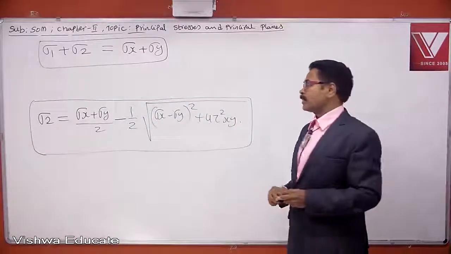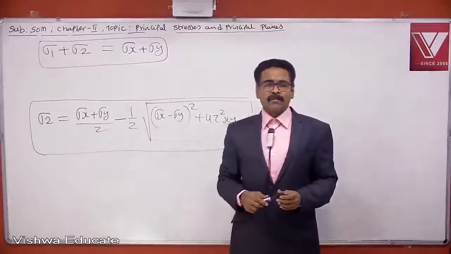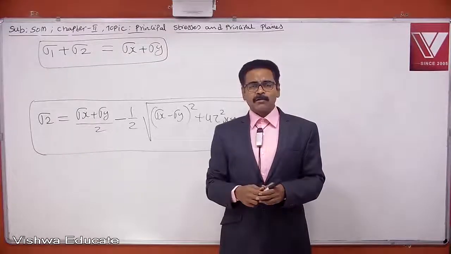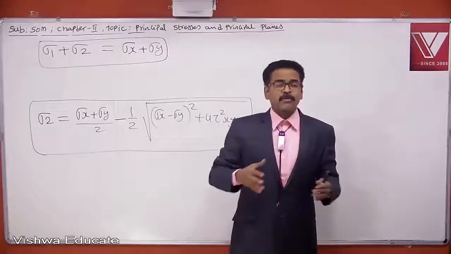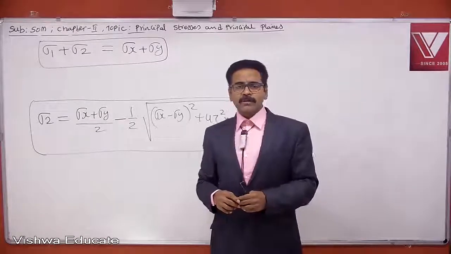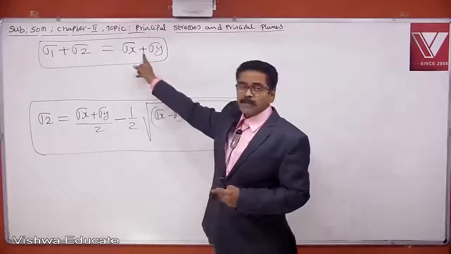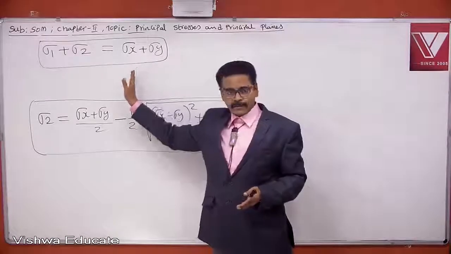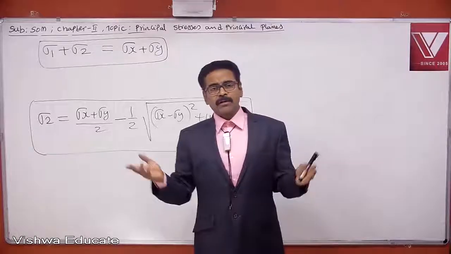In the previous session we observed the sum of any two mutually perpendicular normal stresses is always constant, which is always equal to sigma x plus sigma y. Sigma 1, sigma 2 are also two mutually perpendicular normal stresses. Their sum also should be equal to sigma x plus sigma y. We proved it also, right? So never forget this. In some problems, they will give sigma x, sigma y, tau xy.